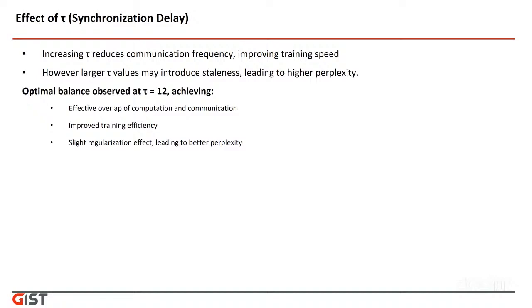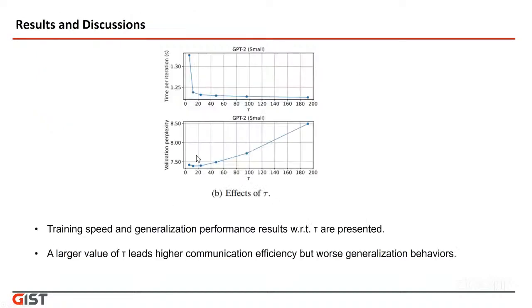This method just delays the synchronization process, am I right? Yes. So it means the delayed synchronization means each GPU has a different weight of the model. My question was, by using this, does it reduce the performance of the model or not? Yes, so in this graph you can see they use the validation perplexity of the model.